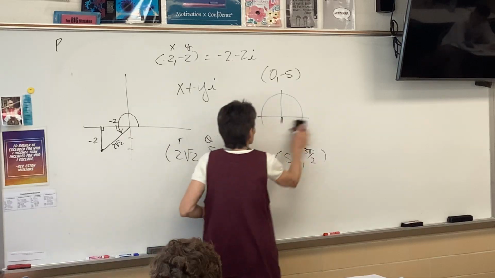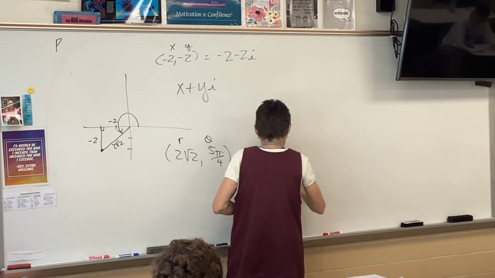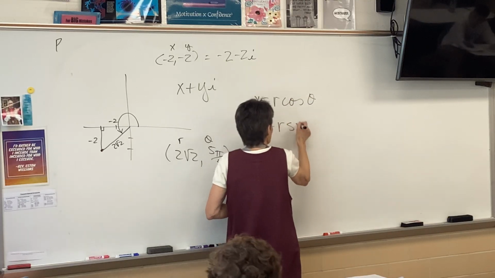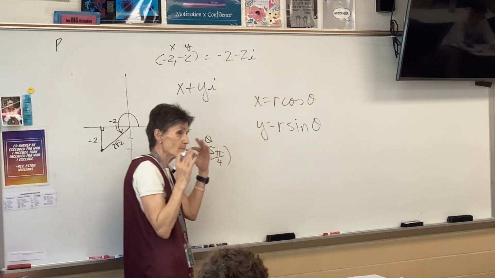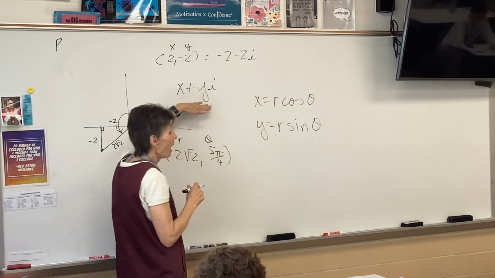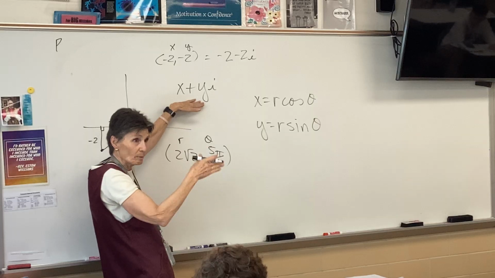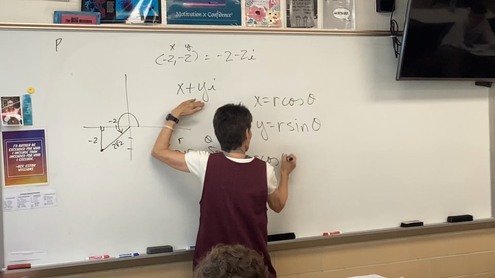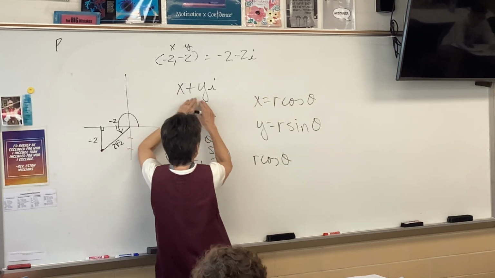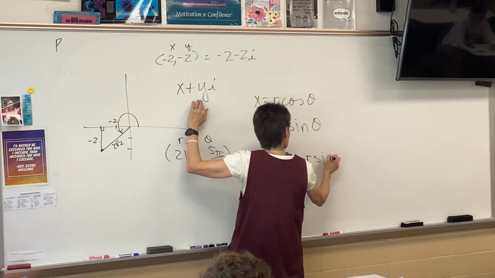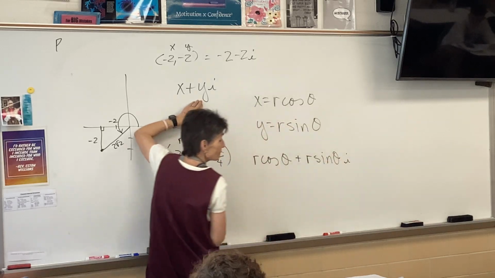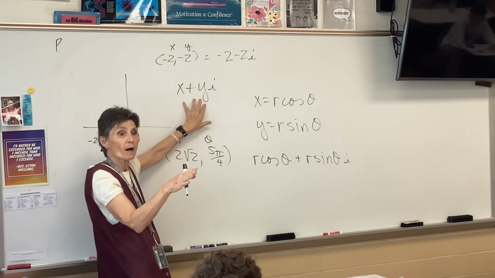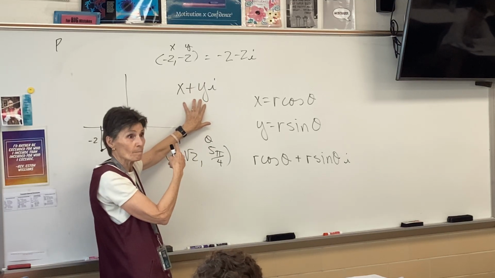So remembering that x is r cosine theta and y is r sine theta, then a complex number x plus yi could be written as r cosine theta, that's x, plus r sine theta i. That's the complex number x plus yi in rectangular form.